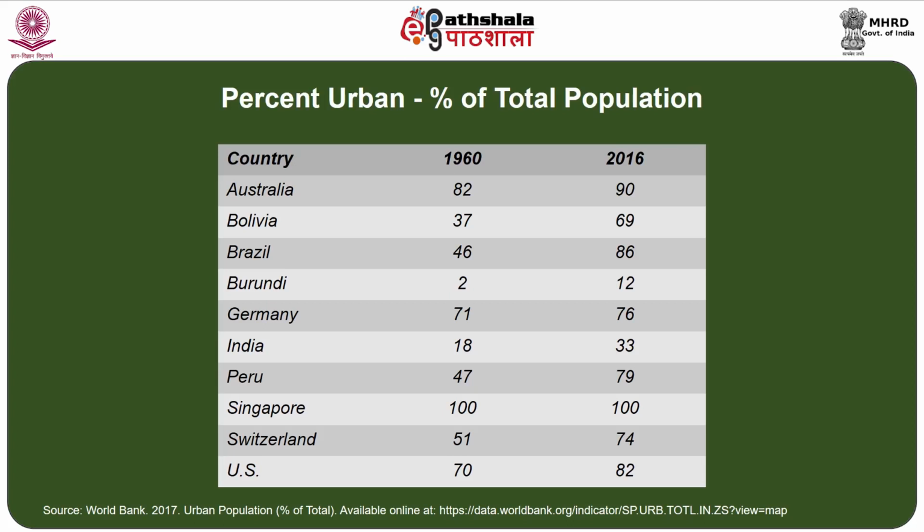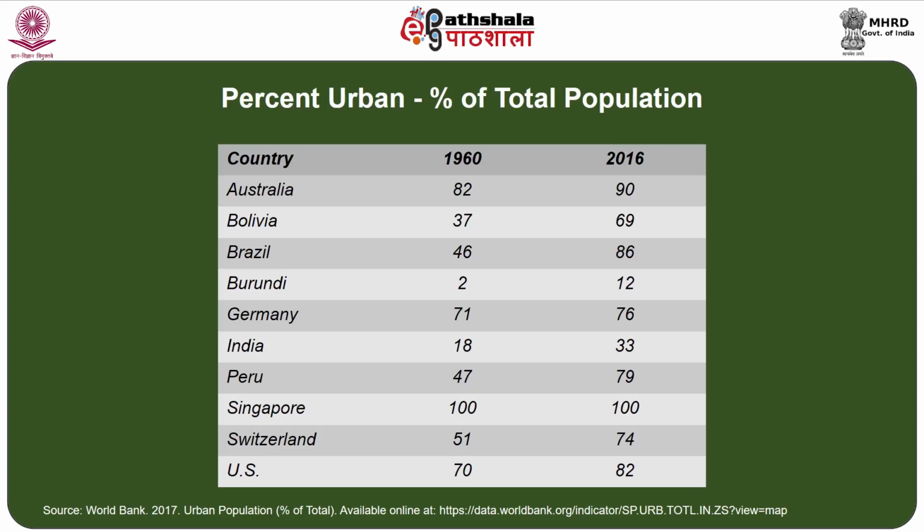For example, we see that Singapore has been 100% urban in 1960 and also in 2016, while Switzerland was 51% urban in 1960, which increased to 74% in 2016, and the US from 70% in 1960 to 82% of the total population urban in 2016, and Brazil from 46% to a much larger figure of 86% in 2016.